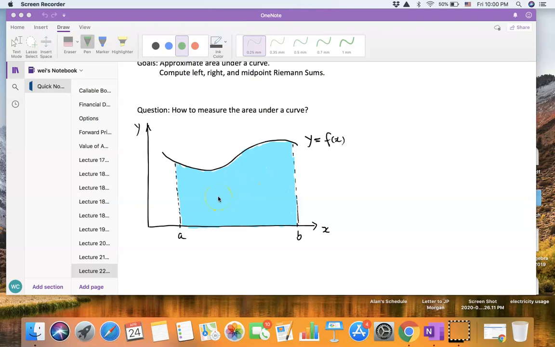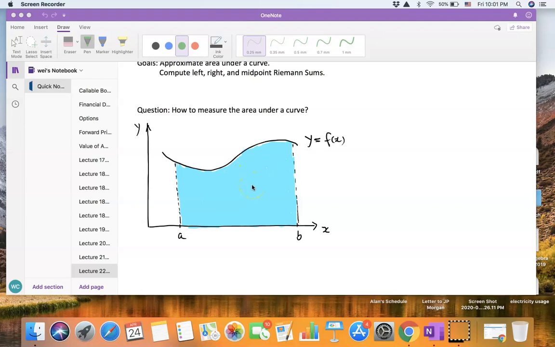And now I will show you what we can do if I want to approximate. Remember, I'm not talking about how to find the actual area. I'm just showing you how to find the approximation, how to estimate the area of this region.